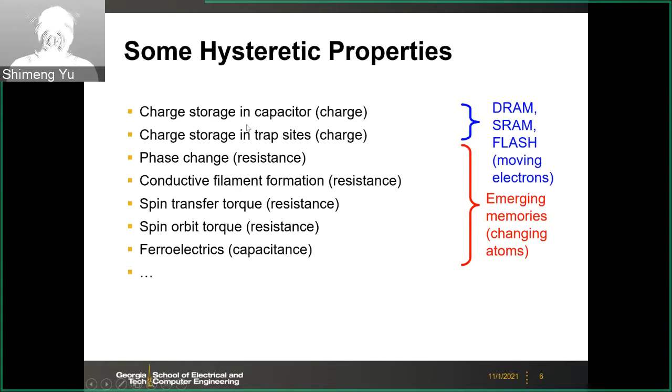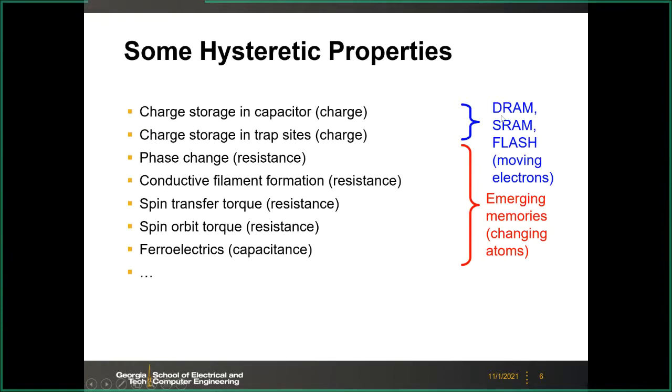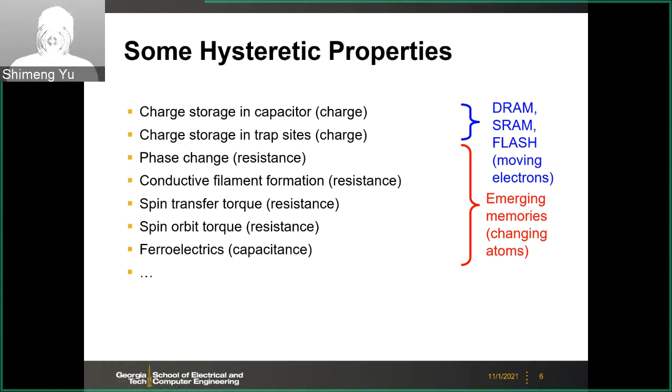For example, you can store the charge in a capacitor, like the DRAM, right? You make an explicit 3D cylinder-like capacitor to store the charges in the DRAM. Or in the SRAM, essentially you rely on the parasitic capacitance in those 2 storage nodes to store the charges.